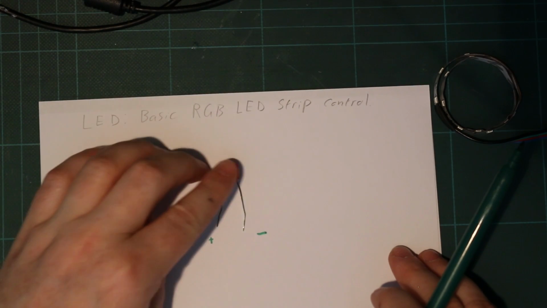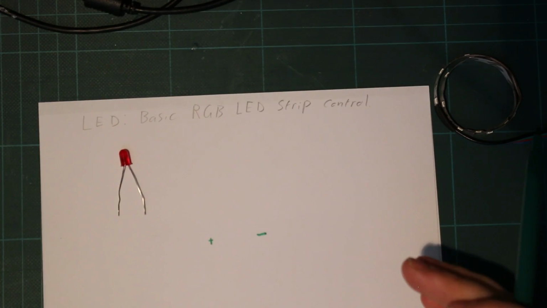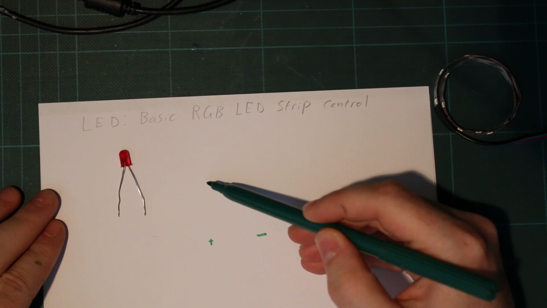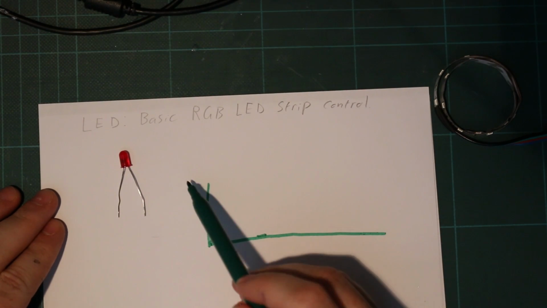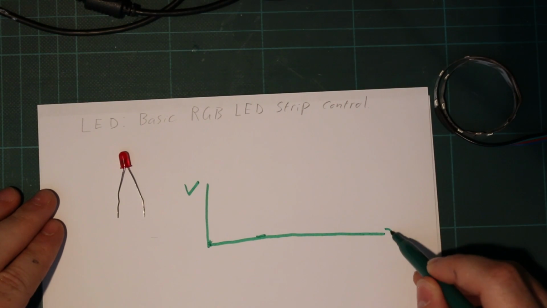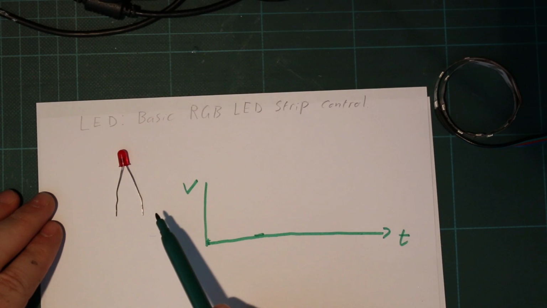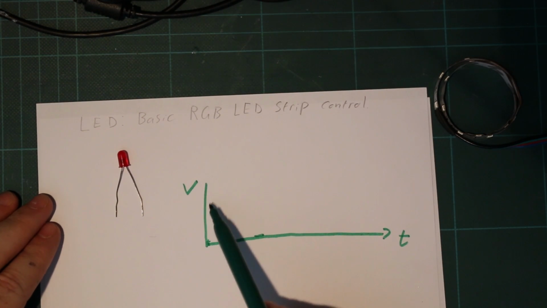Now, LEDs work a little bit differently in terms of dimming and brightening than other devices. Typically, if you were to plot voltage, kind of like your power going to it, and we'll put time across along here, the brightness of an LED isn't determined by how much power you put into it, how much voltage it is.